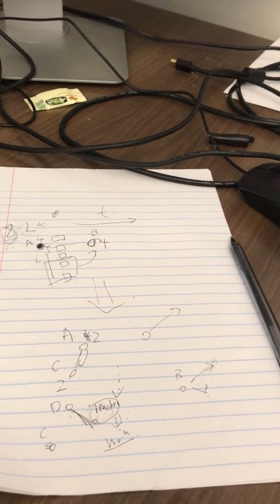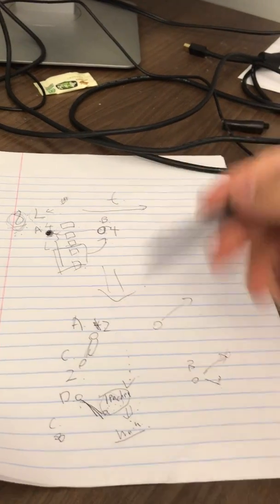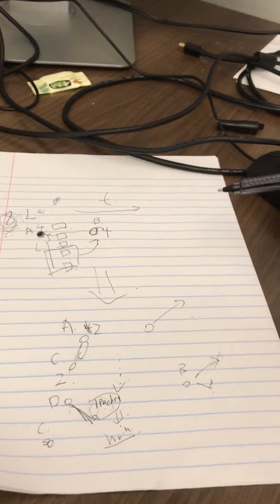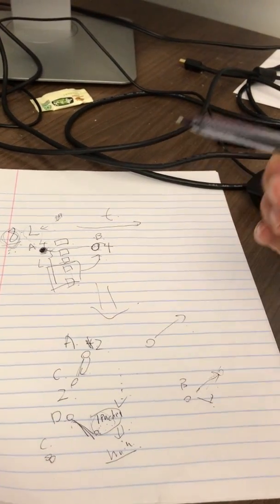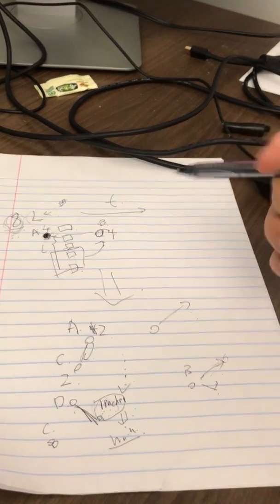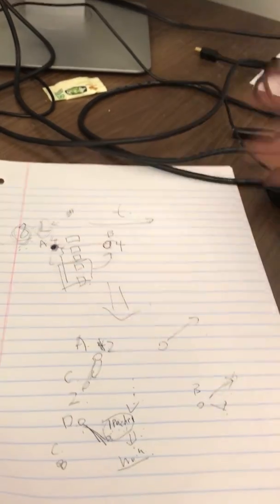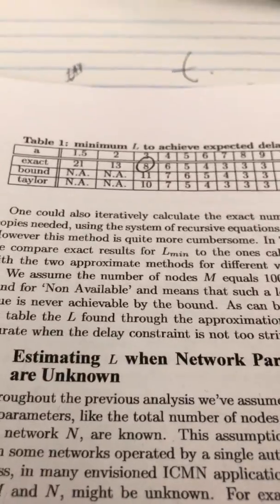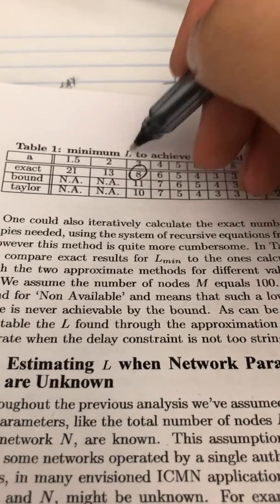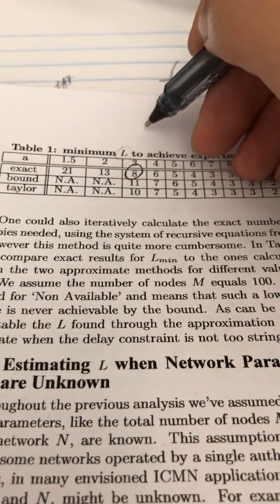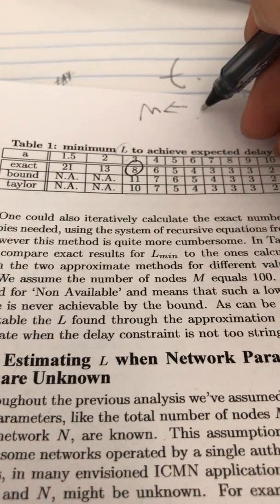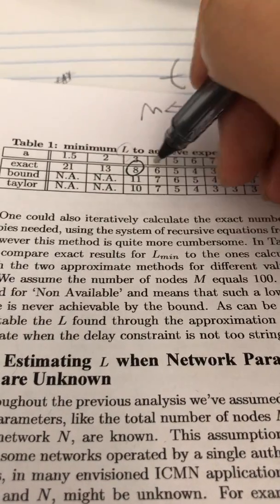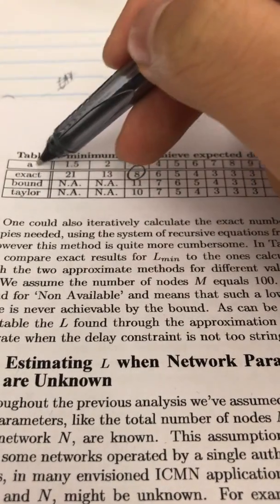So this routing mechanism is kind of like flooding, but it will transfer only limited data. So the L here is very important. I chose this 8 because the paper proved that L is only relevant to m, the number of nodes in the whole network, and also the ratio a.